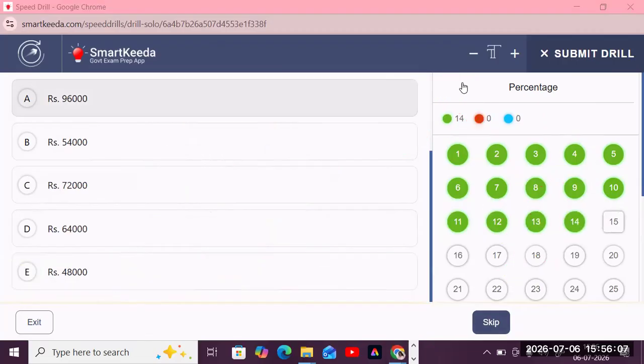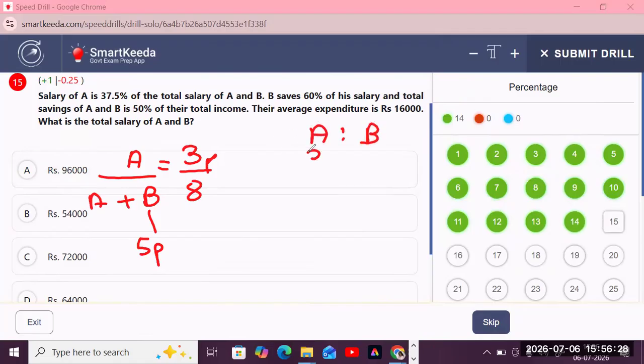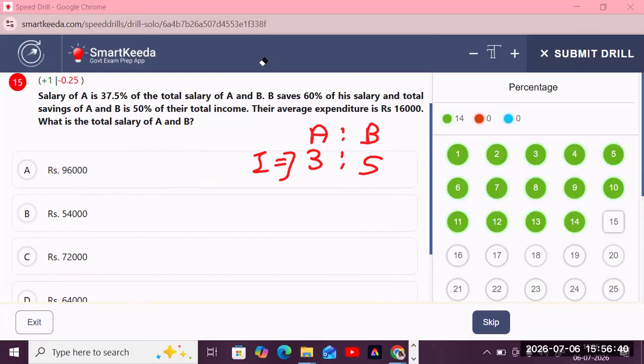Next, the salary of A is 3 by 8 of the total salary of A and B. तो B का जो रेशियो है B की सैलरी जो है वो है 5 पार्ट्स ये अगर ये 3 पार्ट्स है and B saves 60% of his salary and total savings of A and B together is 50% of their total income.